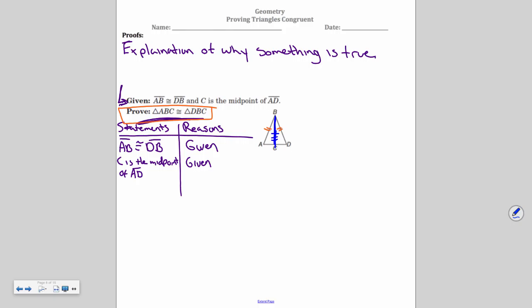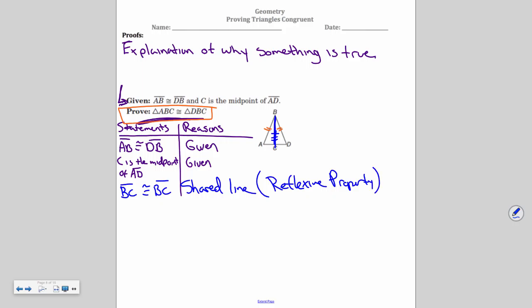Now, you would say BC is congruent to BC because it is a shared line. That shared line is also called the reflexive property. It's equal to itself. It's in both triangles. That's what the reflexive property says.